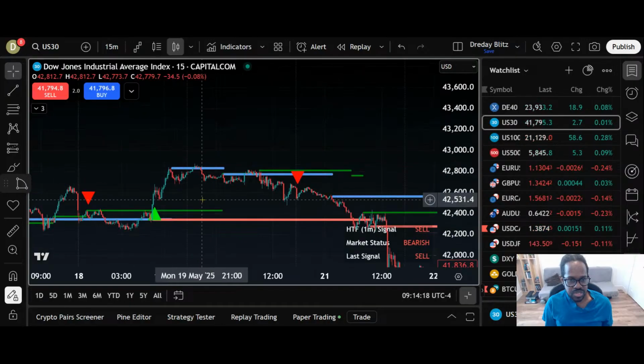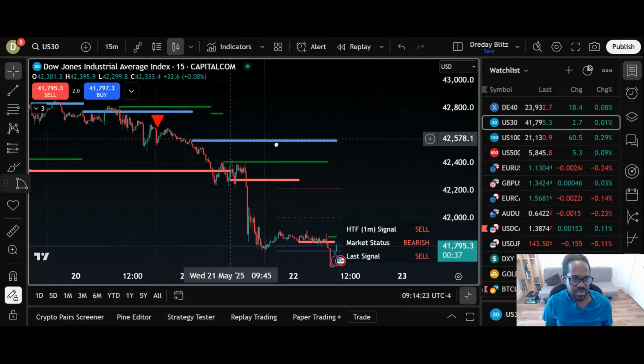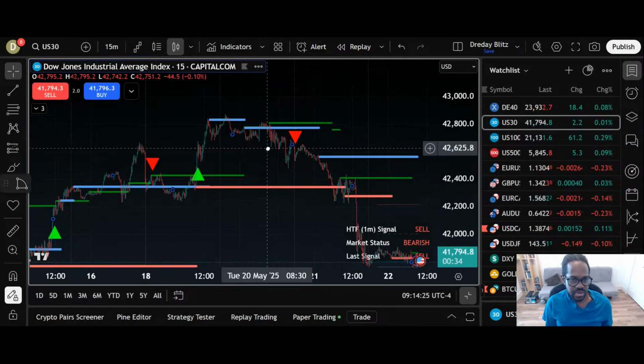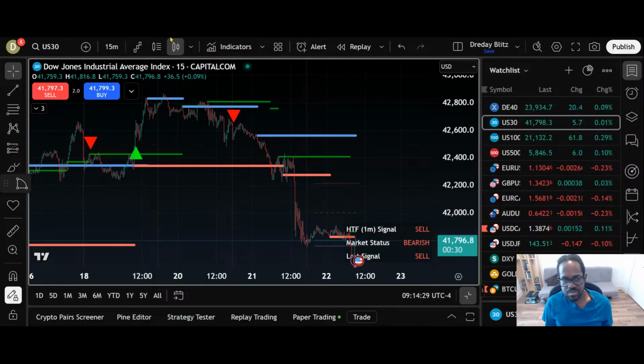And that's pretty much the actual logic of the indicator and how I trade. So yeah, that's pretty much it.